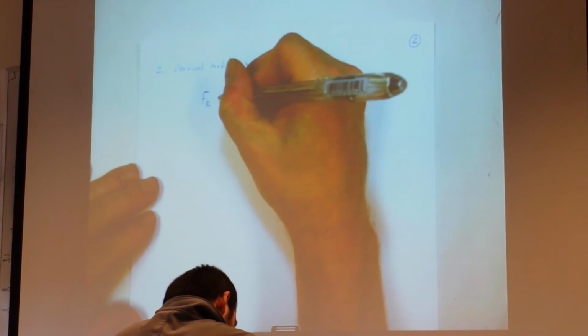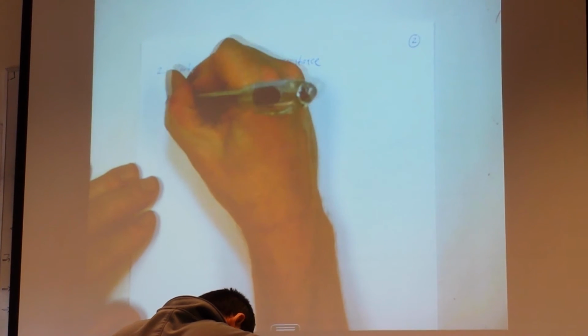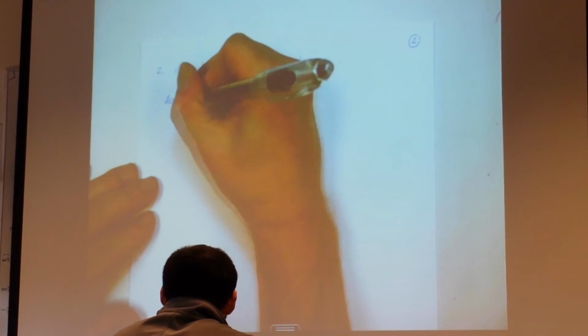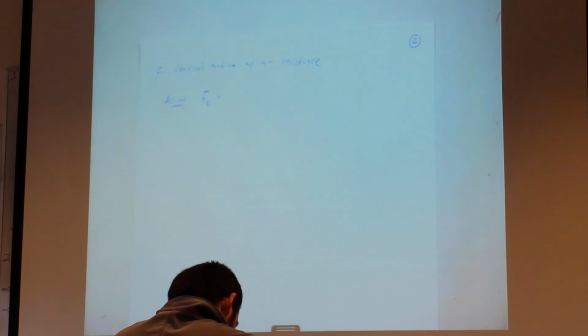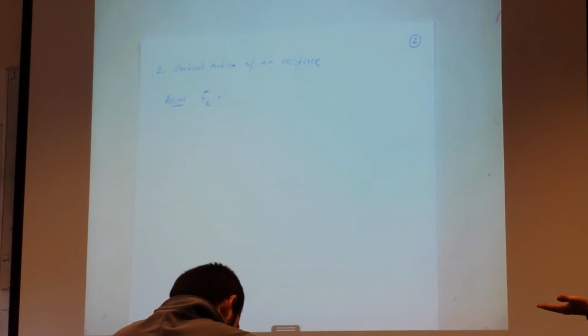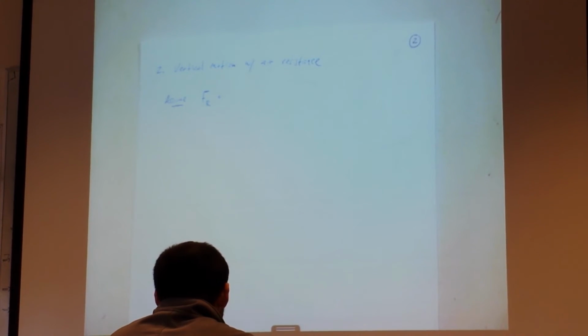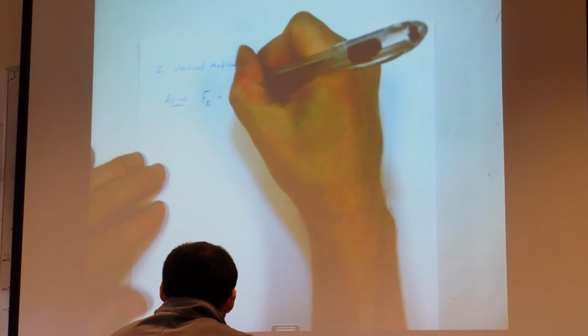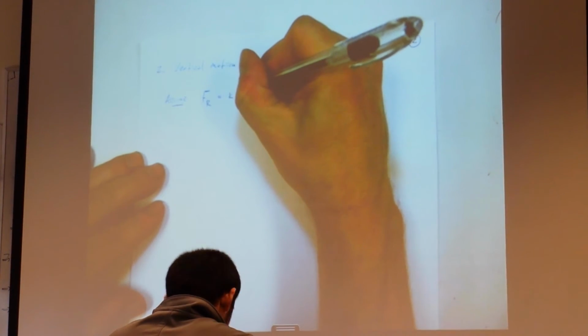Now, there are different models, but if we assume that the resistance due to the air is proportional to the velocity of the body that's falling, then we get this: proportional to the velocity, K times V.